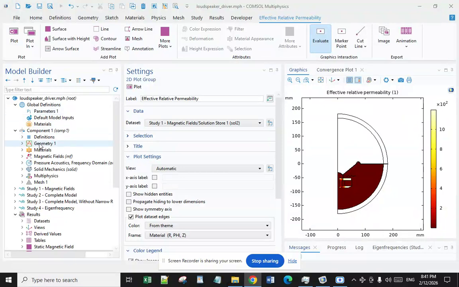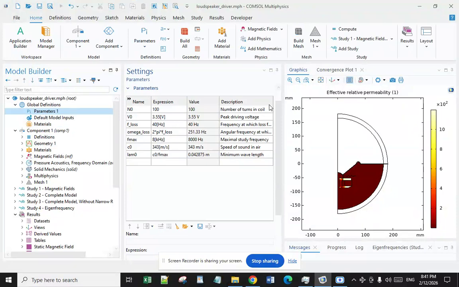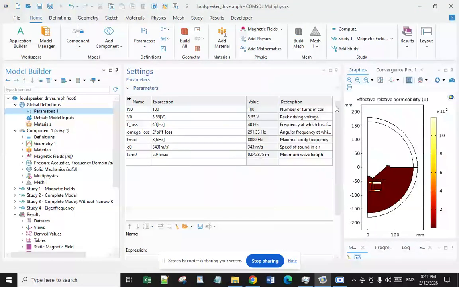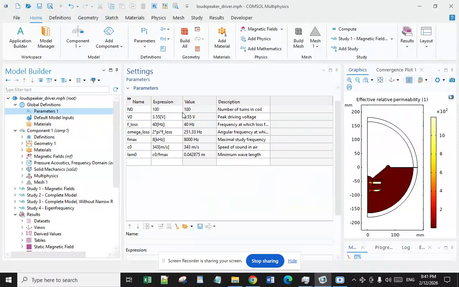So here there is a parameter section and there are multiple parameters here, such as the number of turns in the coil, peak driving voltage, frequency at which loss factor is given, angular frequency at which loss factor is given, maximal steady frequency, speed of sound in air, and minimum wavelength.